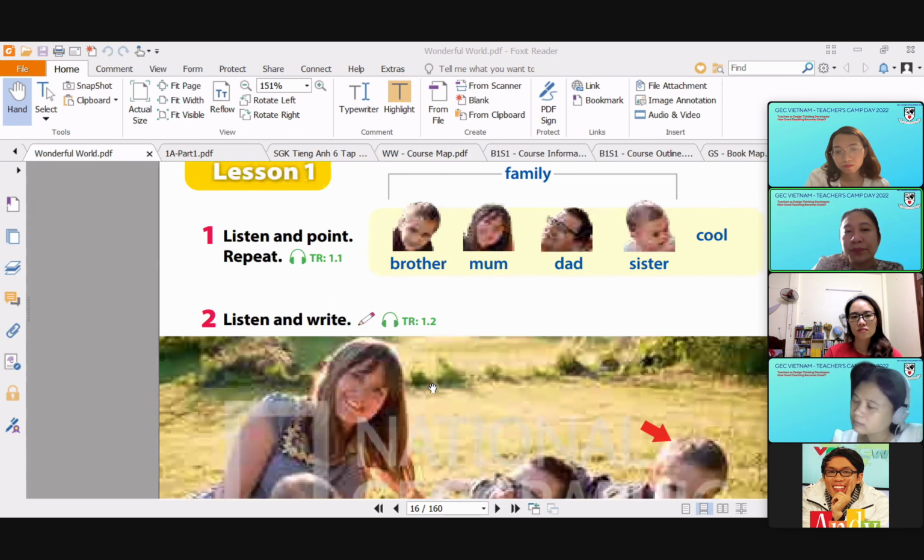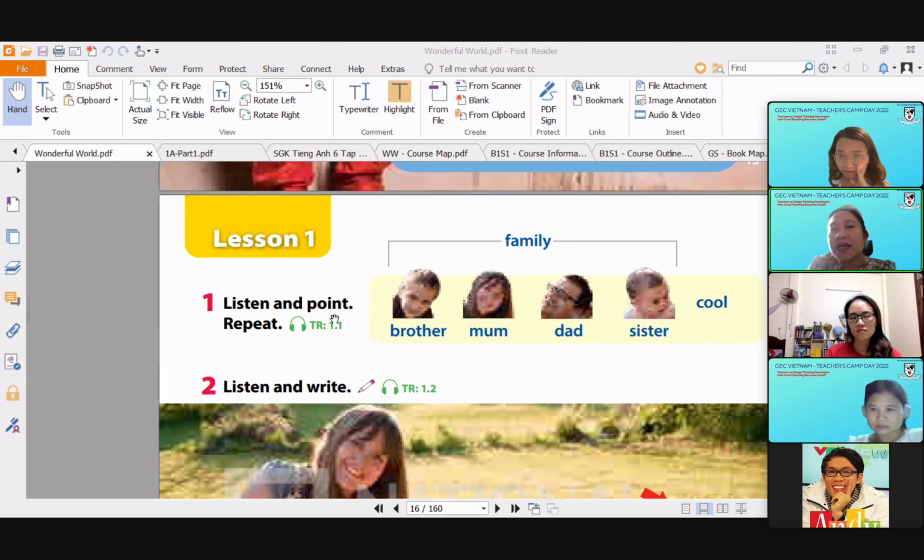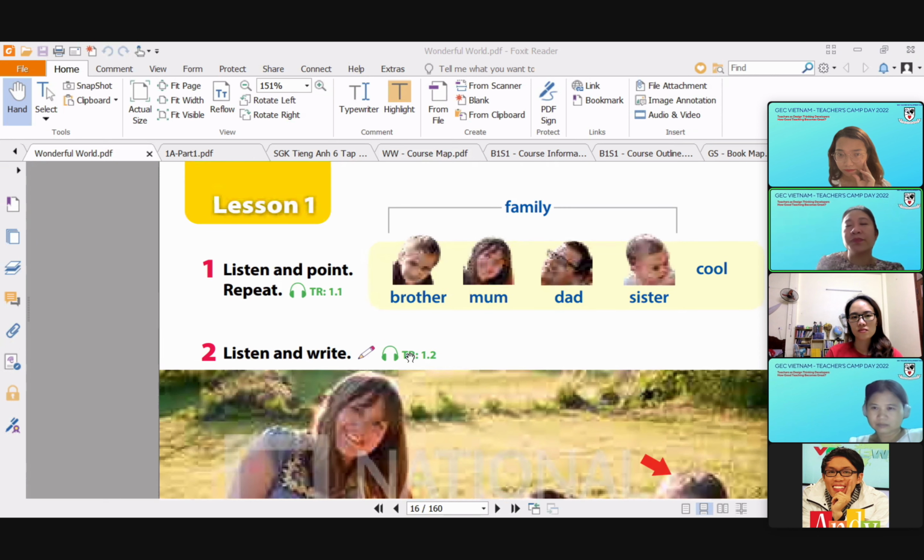So here, what do you think? Is there any difference between what you see in lesson 1 and the book map? Do you see how students learn? Do you see any listening, speaking, or writing in the course outline?